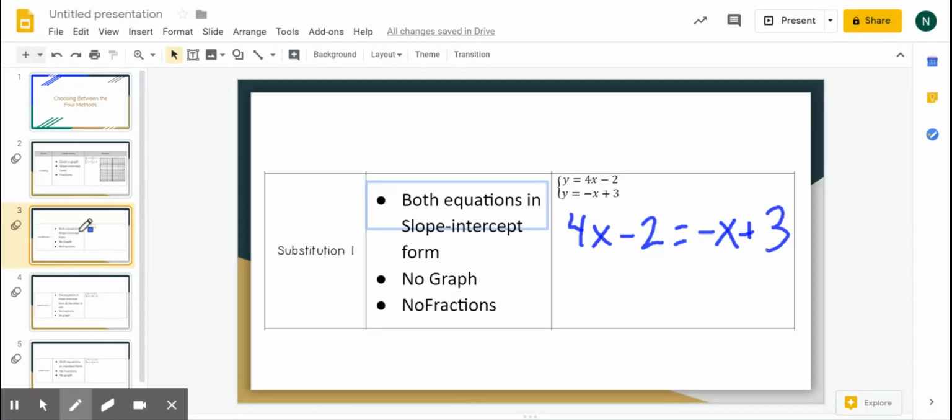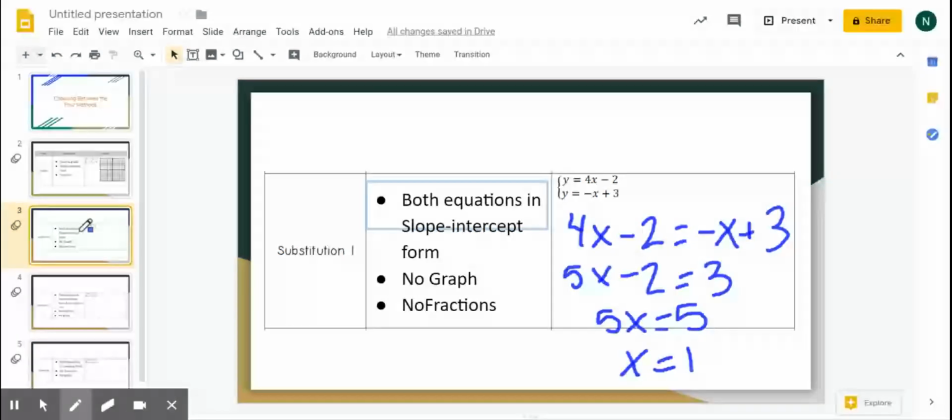We can add an x to each side to get rid of that -x. This is going to turn into 5x minus 2 is equal to 3. I can move over the 2 by adding 2 to the other side. 5x is equal to 5. Divide by 5. x is then going to give me 1.